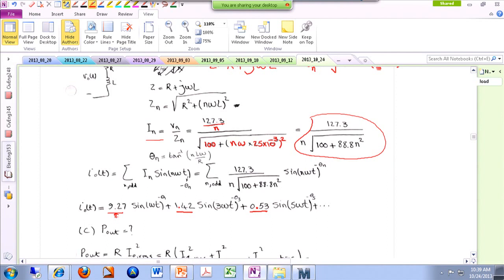Theta n, as it turns out, doesn't really make a big difference, because in the end we care about the RMS values of the signal.